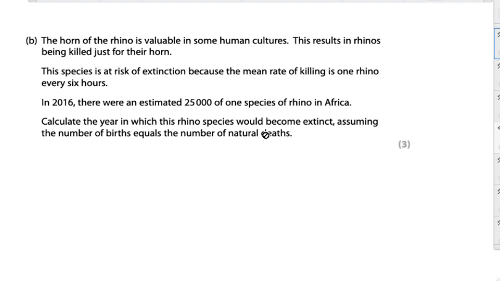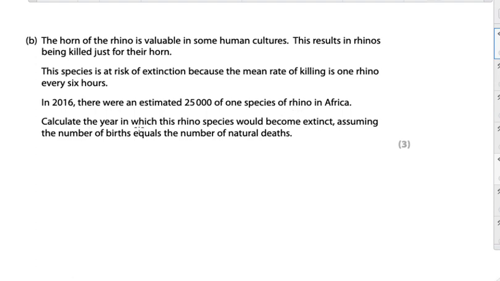So this is about a rhinoceros horn. It's valuable in some cultures. And we're told that in 2016 there were an estimated 25,000 of one species of rhino left in Africa.